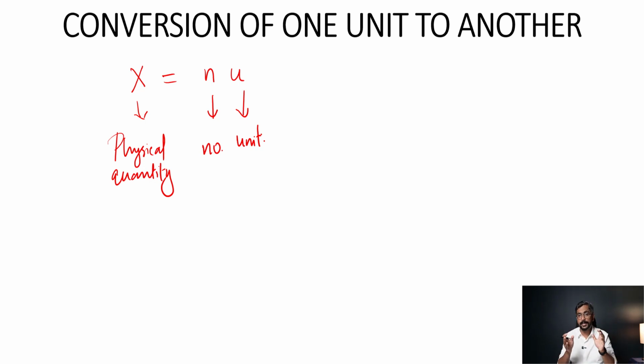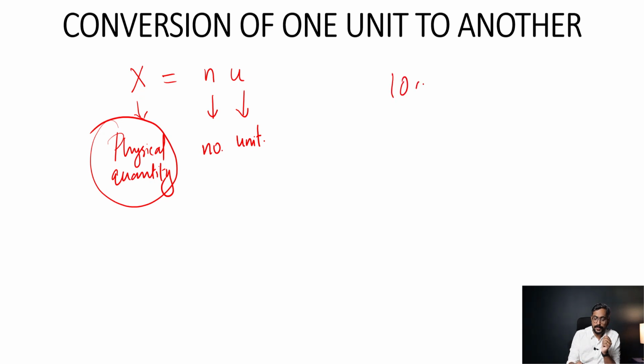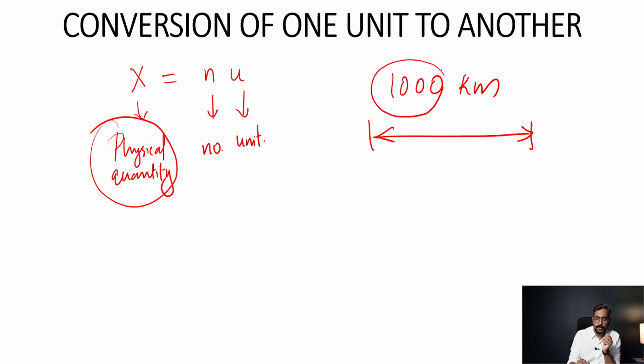For example, if I am taking 1,000 meters, that means 1,000 times a meter is coming in that particular measurement, and that is 1 kilometer. So that meter is a standard measurement. If I'm saying 1,000 kilometers, then this measurement is comprised of a number, that is n, and a unit kilometer, that is u.